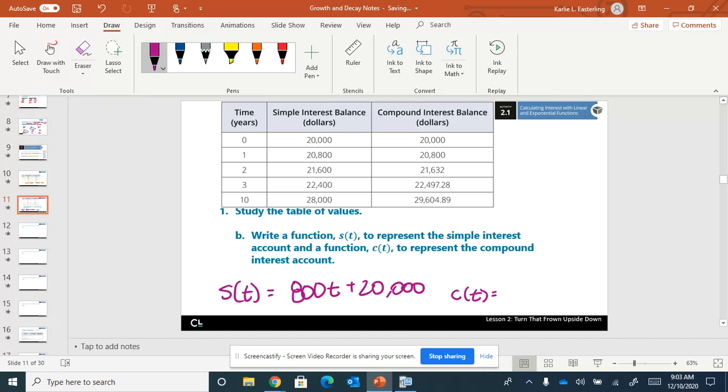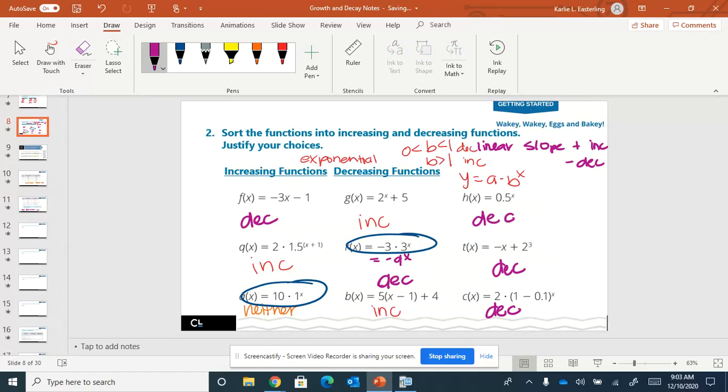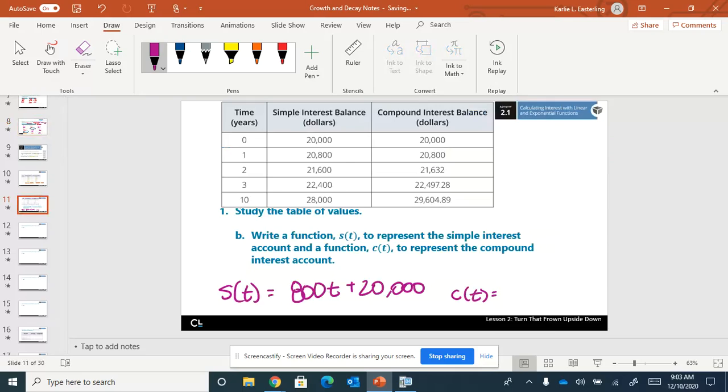Okay? So with the compounding interest one, this one is an exponential graph. So as we talked about earlier, we start with our A value. Our A value is our starting value here. So the starting amount in this account here is, again, that $20,000. And then we got to do a little bit of math to figure out what our common ratio is here. So we're going to do the exact same thing that we did last time.